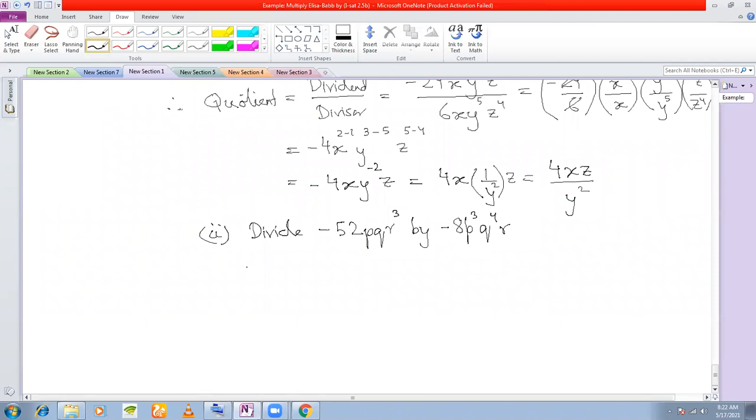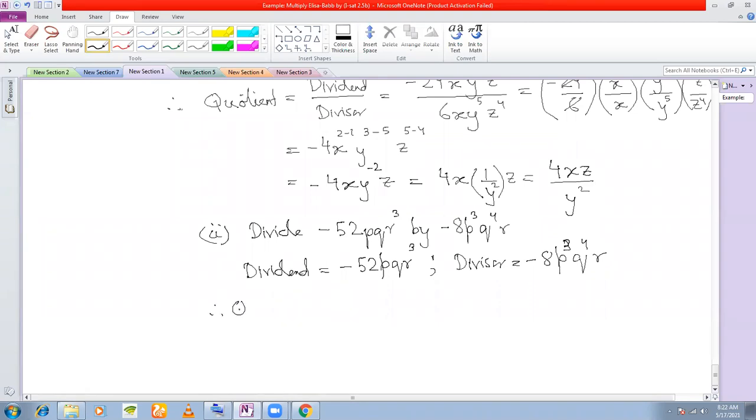So here again, what you realize is that the dividend here is minus 52 pq r cube. Divisor here is minus 8 p cube q to the power of 4 r.